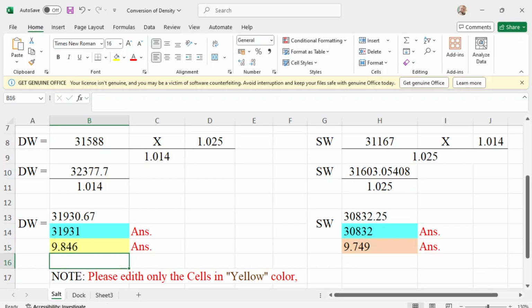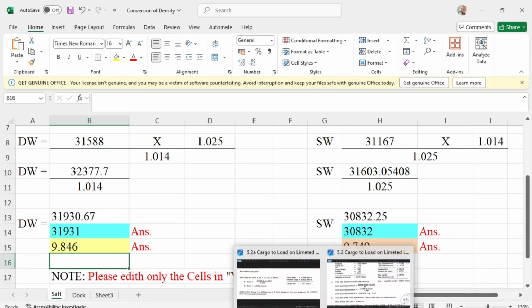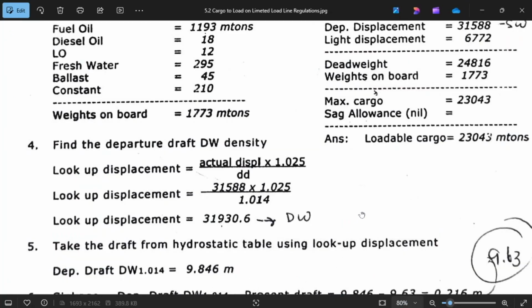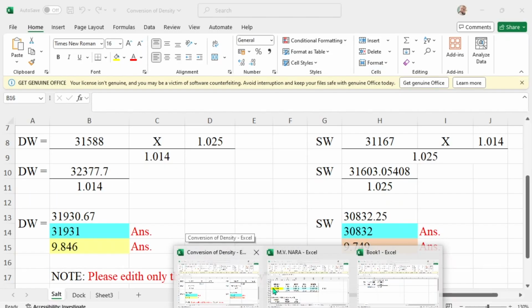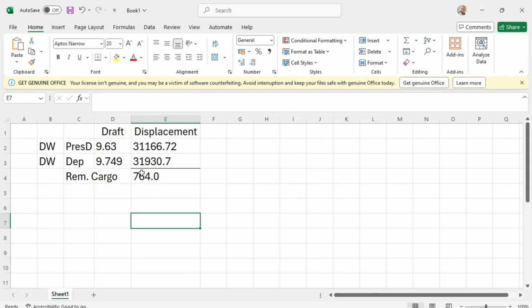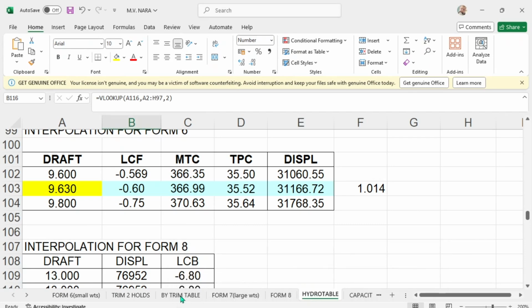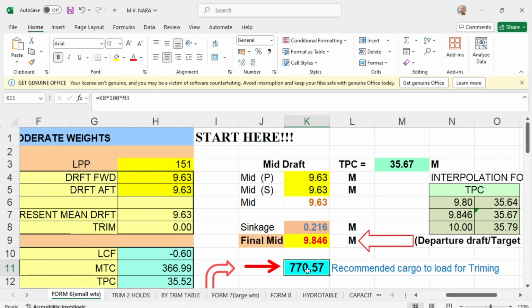So 31930, and his draft will be 9.846. Your remaining cargo will be 764. What I have here, remaining cargo is 770, a difference of 6 tons.